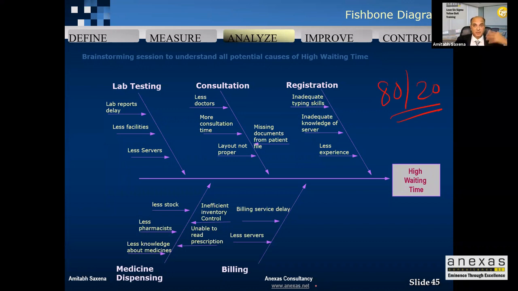Mr. Vilfredo Pareto was an Italian economist who found that 80% of the wealth in Italy was with 20% of the people. So he applied this everywhere.